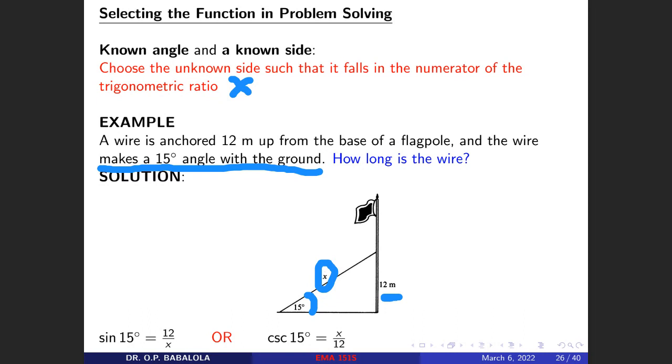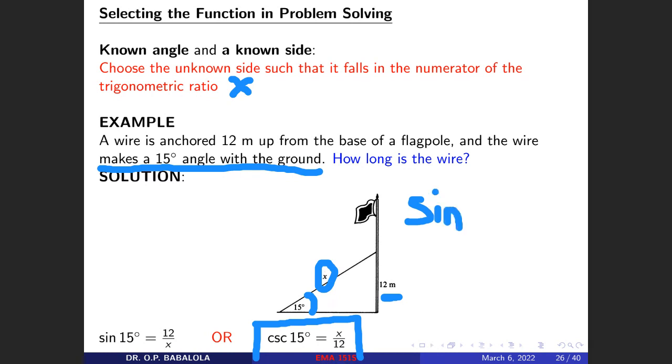So if we want X to fall in the numerator, we're just going to use sine, sorry, that's the denominator. So we can use cosec, right? However, if you're not comfortable with using cosec, you can actually look at it and say, okay, opposite over hypotenuse, then you use sine, because most of us are comfortable using sine.